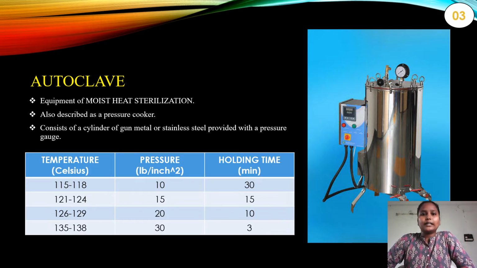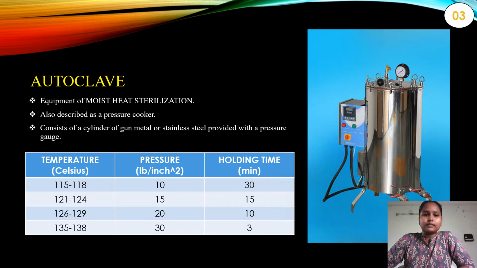As we switch on the heater, the temperature will be raised to 121 degrees and pressure to 15 lb per square inch, and up to 15 minutes we will make the heater on, and then we'll switch it off. At a point where the pressure outside the autoclave and inside the autoclave will be equal, then the lid will be open and we can take out our sterilized materials.